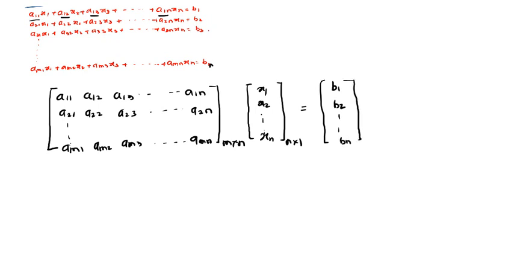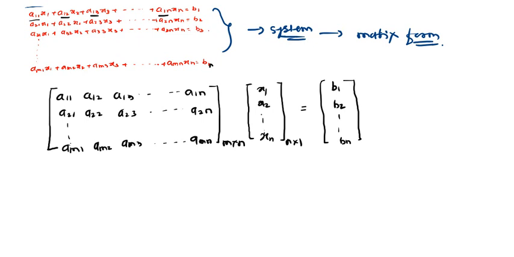Okay, so what we have done, we have converted this system of linear equations to matrix form. This is called the matrix form of the linear system of equations.